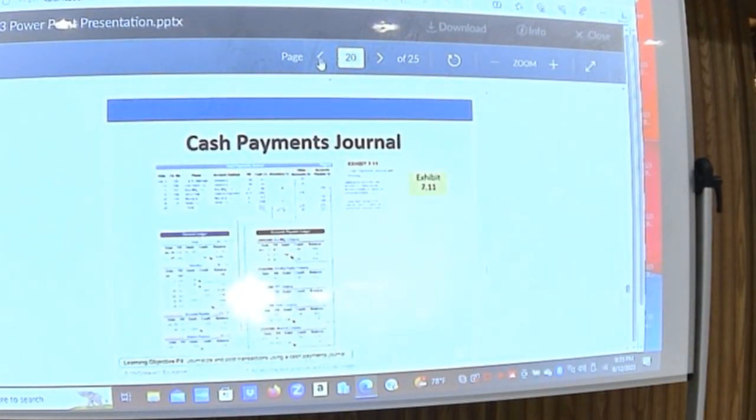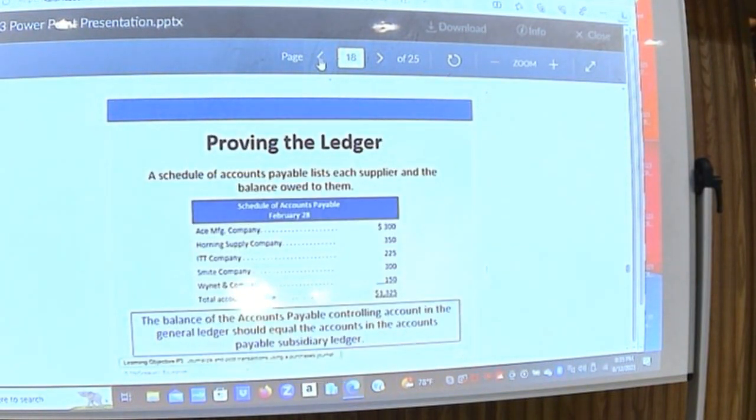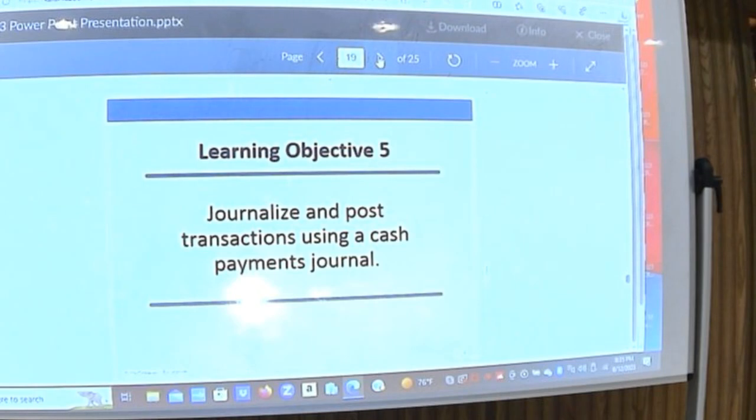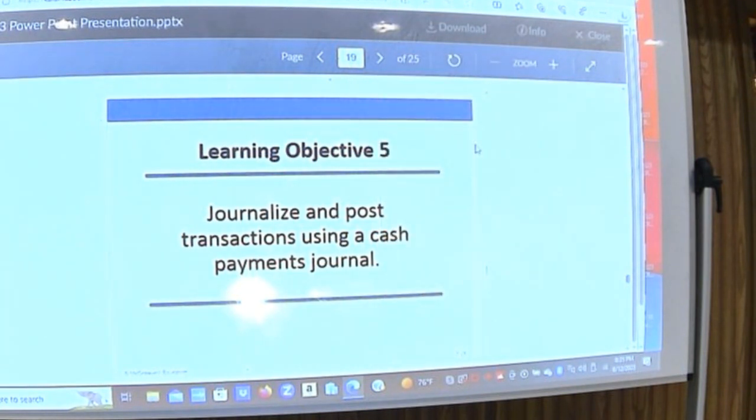Cash payments journal. Let's go back here. We were approving the accounts payable journal. Let's go forward. 19, looking at cash payments. Oh, there we go.